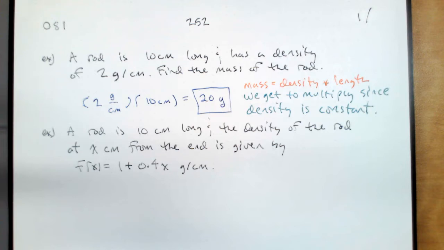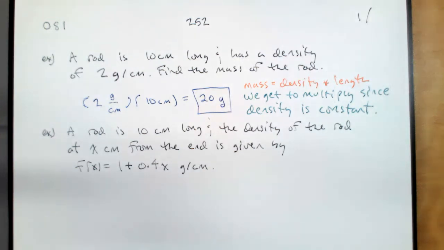And so that is the thing that changes in the next problem. Here we have another rod, which is 10 centimeters long, and the density of the rod at any point x centimeters from one end is given by 1 plus 0.4x grams per centimeter. So what changes is that the density of the rod is now variable. I want to calculate mass as density times length, but the density is variable.